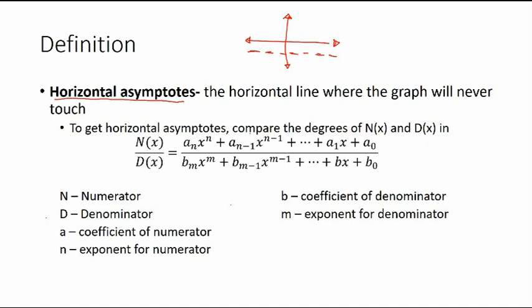So to get the horizontal asymptote, we need to compare the degrees of n of x and the denominator, d of x, in n of x over d of x, wherein the possible values of n of x is a sub n times x raised to n plus a sub n minus 1 times x raised to n minus 1 up to a sub 1 times x plus a sub 0.